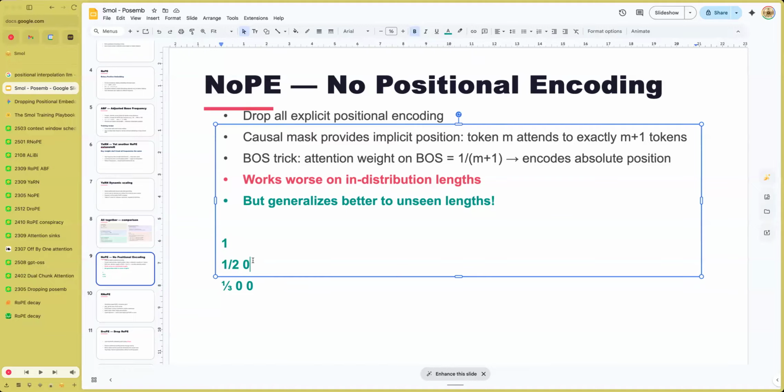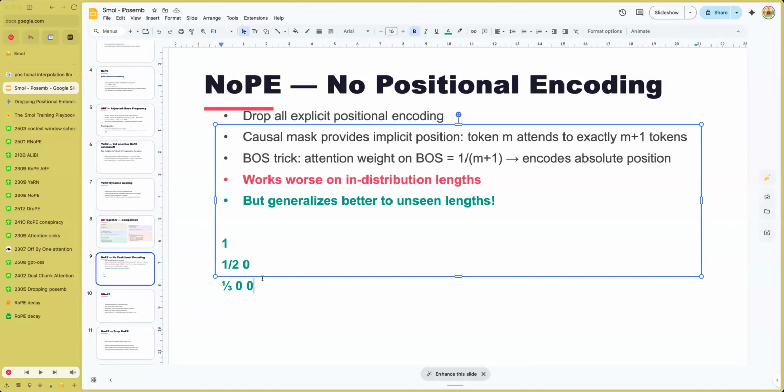Then we can infer our current position, because we can just invert this, and networks can do this. We get the position of the current token by looking at previous tokens and how many of them we see.